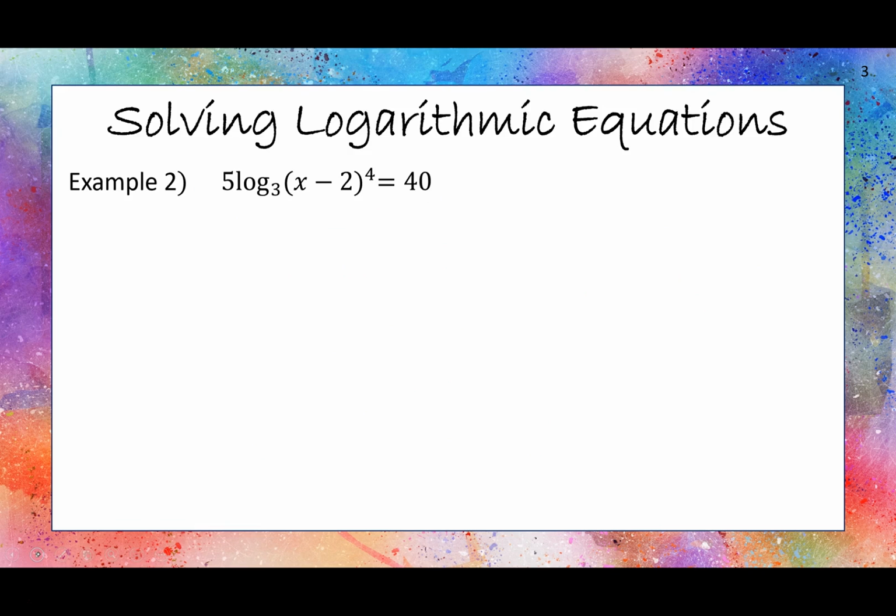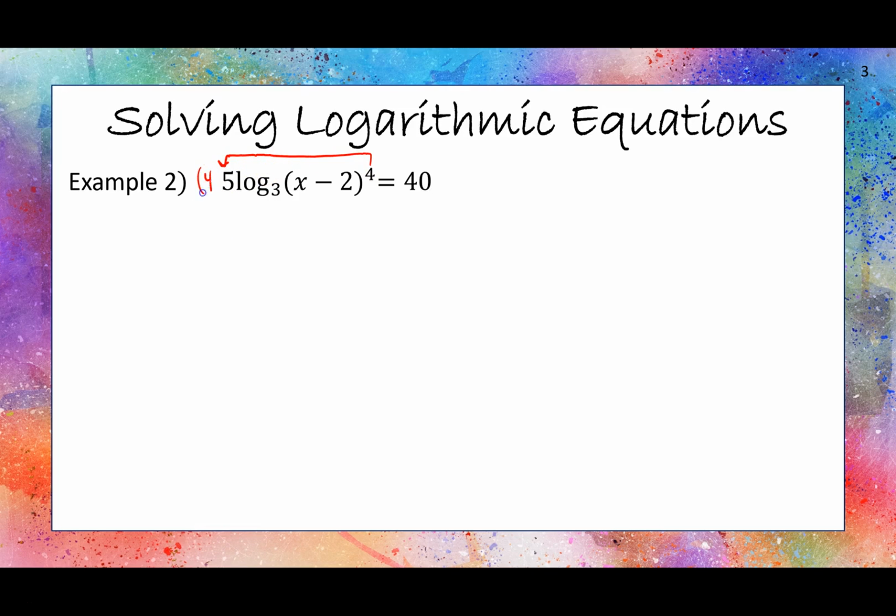All right, let's go ahead and deal with example 2. Again, there's 2 things we want to get rid of, the 5 and the 4. And I'm going to just show you a different method than the last time. It's pretty much the same thing, but know that you can take this 4 and bring it down right here. So you have 4 times 5, right?